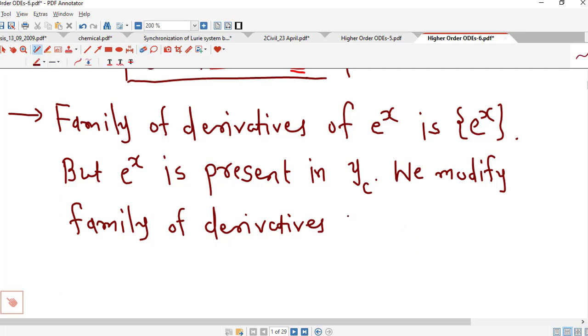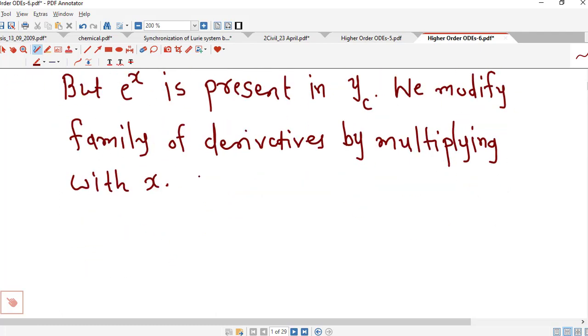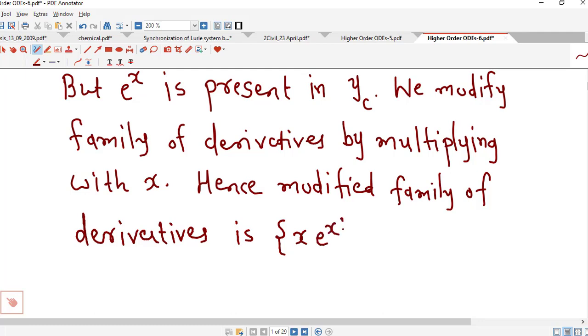So we modify the family of derivatives by multiplying with x. So hence the modified family of derivatives is x into e raised to x.